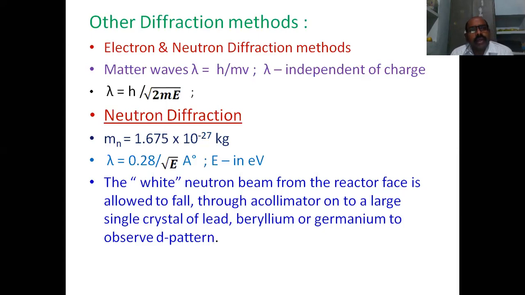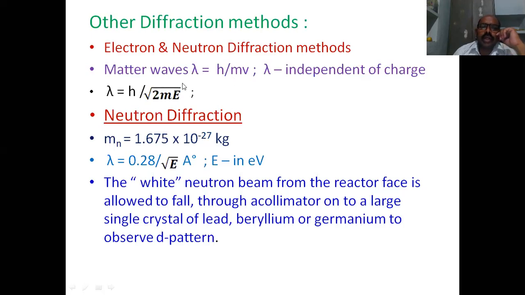They also behave like waves, and the de Broglie matter wavelength is lambda equal to h by mv. So if the particles possess lesser mass, the wavelength associated with it is greater. Similarly, if the particles are moving with faster velocity, the wavelength corresponding to it is smaller.